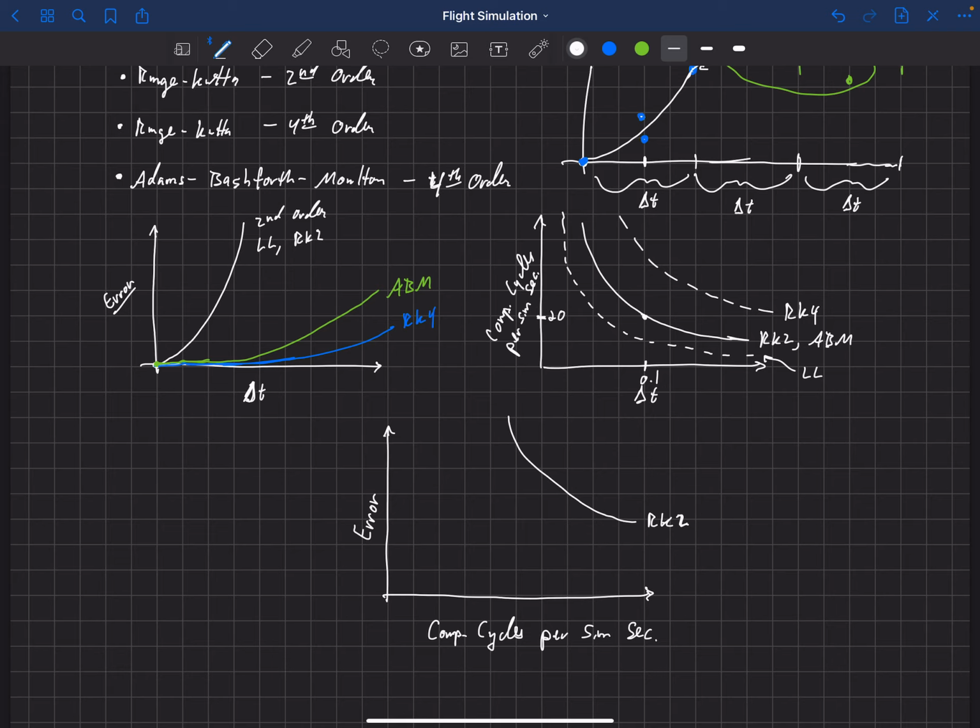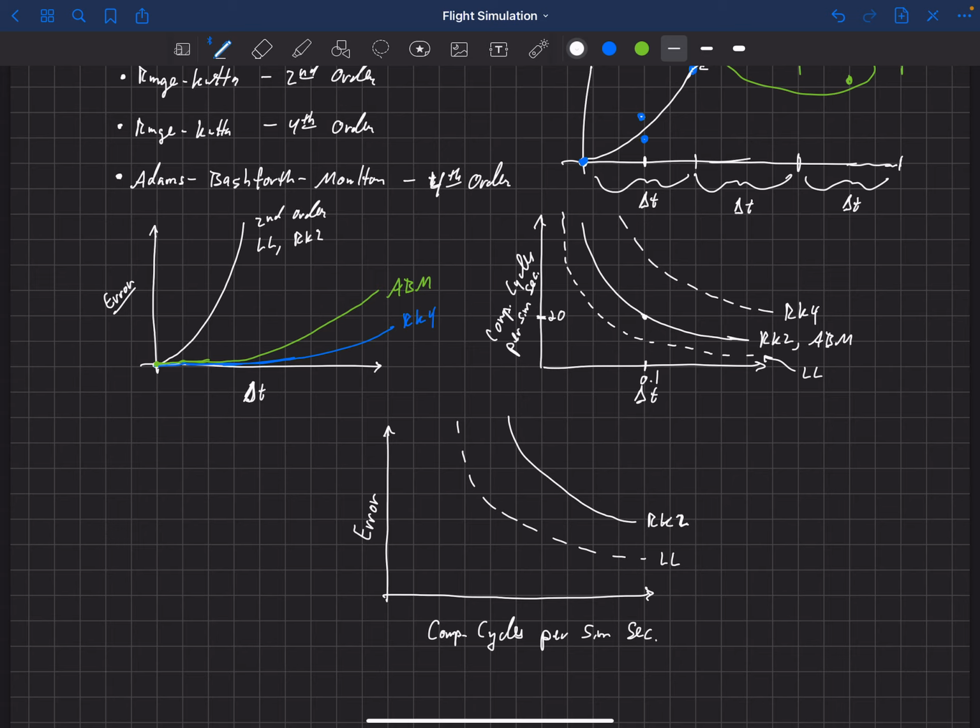Second order local linearization is significantly better, and so we'll put that down here. So that's the second order local linearization method. And then it turns out that the fourth order Runge-Kutta and ABM method are almost identical.